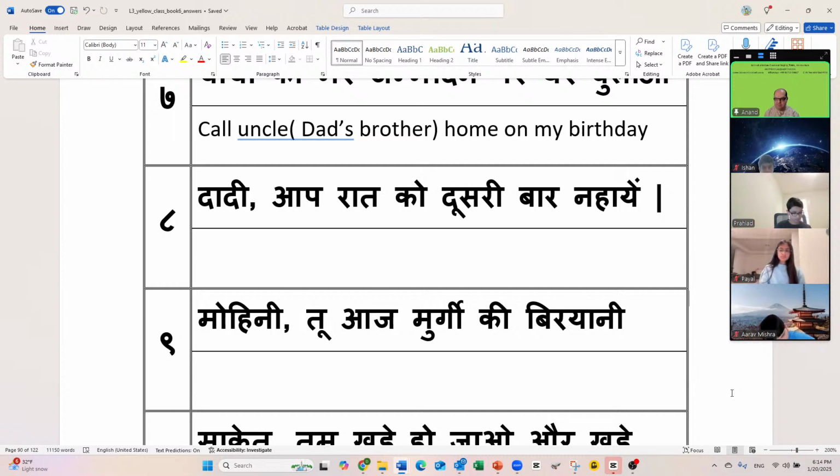Listen again. Are you asking her to take a second bath, or are you telling somebody that grandma takes a second bath at night? Asking her. Okay, so you're asking her. If you were reporting about her taking a second bath, what would the verb be? Instead of nahaye, how would it change?